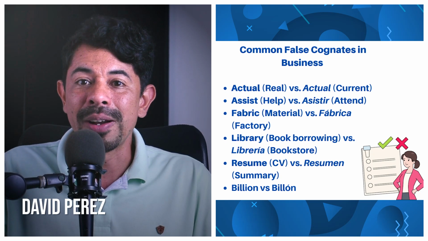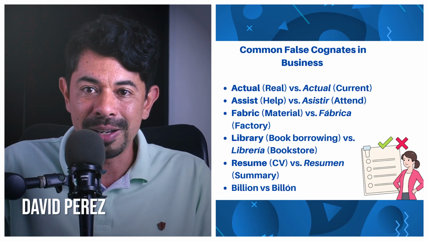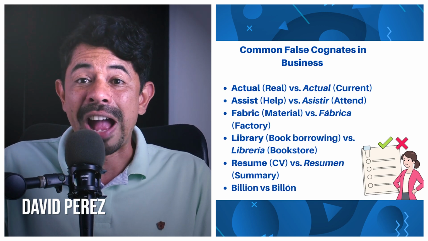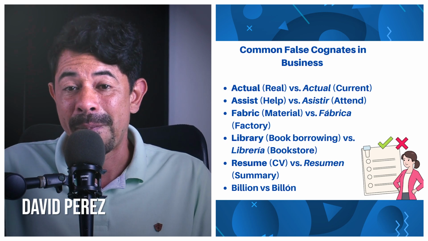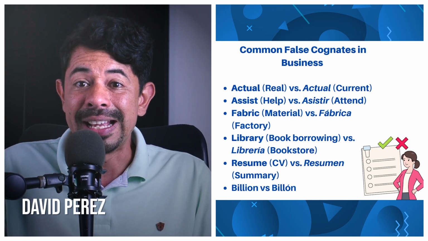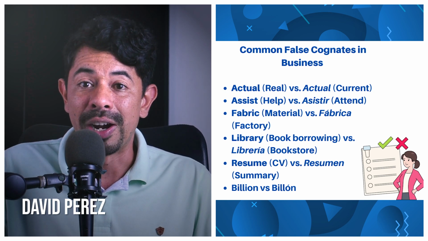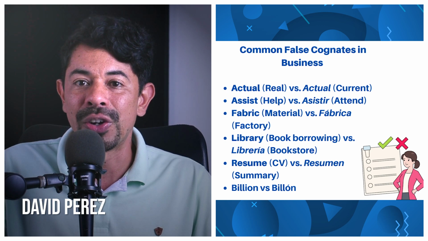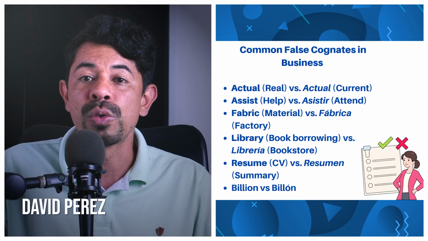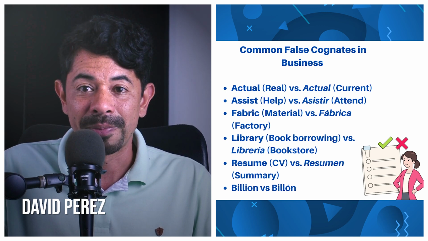Let's go with another one, which has a little bit more distance in meaning. All right. We have fabric versus fábrica. Fabric is the material of which clothes are made. Yes, for example, you have linen, you have polyester, you have cotton, you have all these materials that compose fabric, and you use fabric to make clothes.